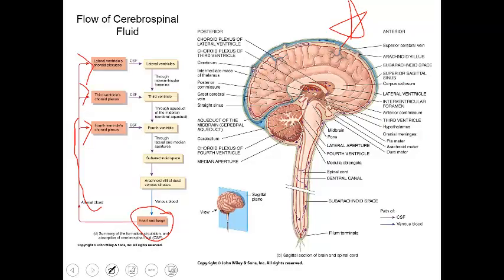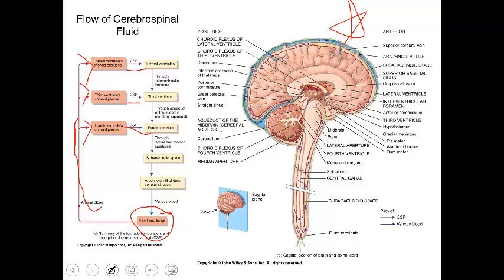You know that all of these ventricles, through the arterial system, it goes to the choroid plexuses, which are present in these ventricles. So from the choroid plexus, this blood, in conjunction with the ependymal cells, is being converted into cerebrospinal fluid. So all of the ventricles are capable of converting blood into cerebrospinal fluid.